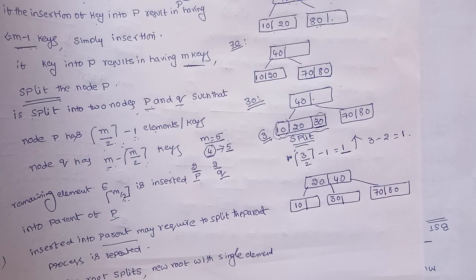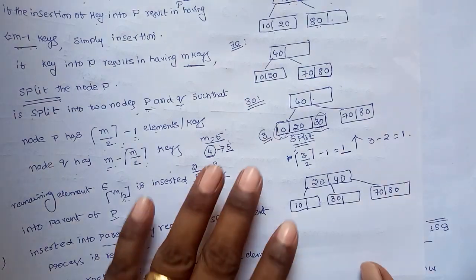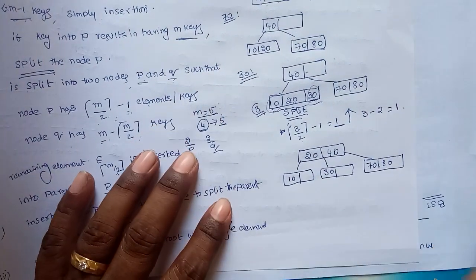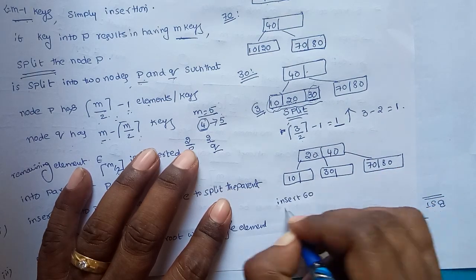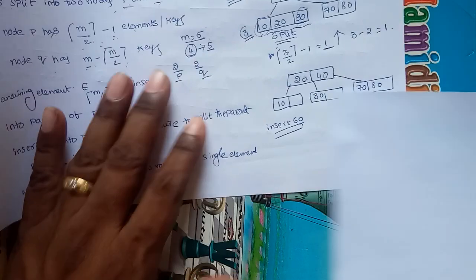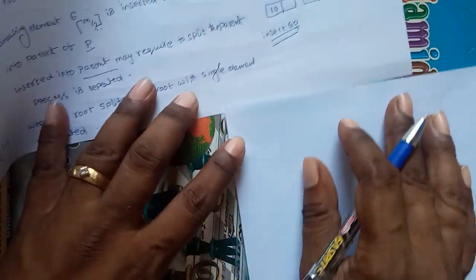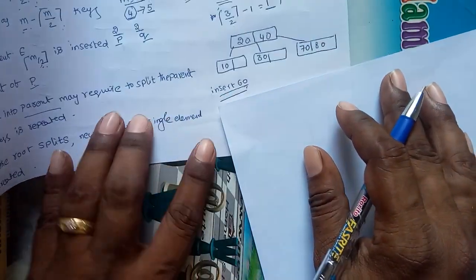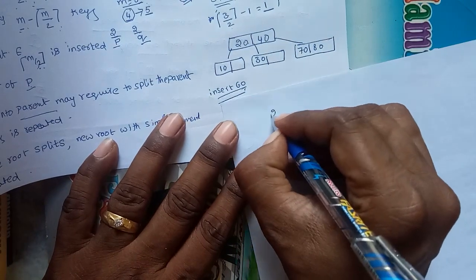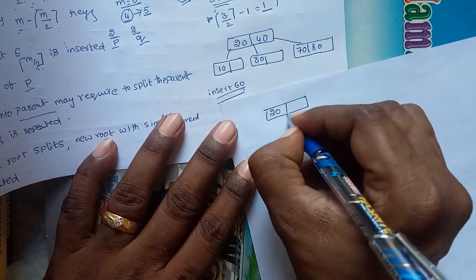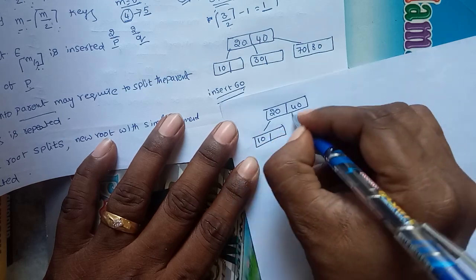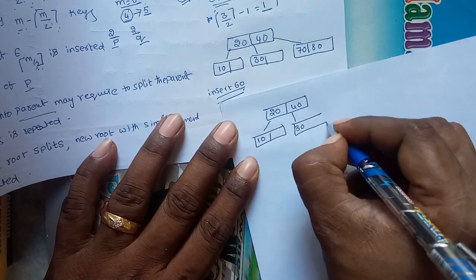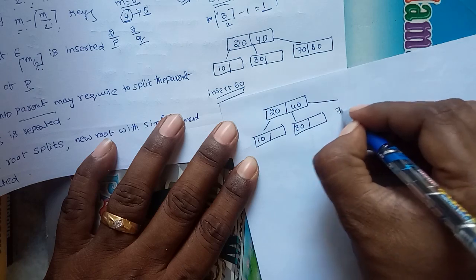Suppose we insert another node that violates the property. Insert 60. What is the position of 60? From 20, 40, remember, insertion is always performed at the leaf level.